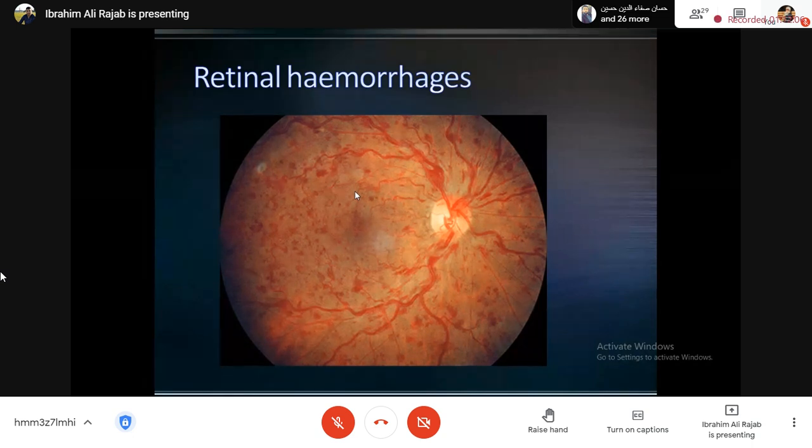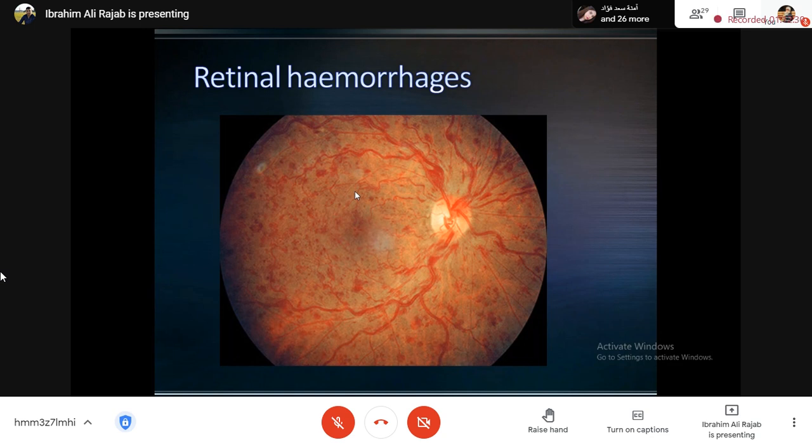And if the thrombus is severe, we may have a severe retinal vein occlusion, which is called the ischemic type. So we have non-ischemic and ischemic central retinal vein occlusion, with different severity, and you may see a different picture.